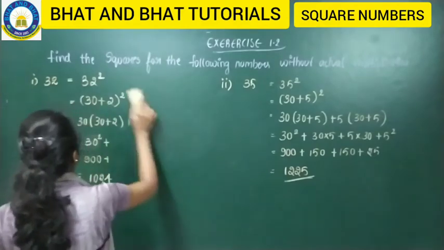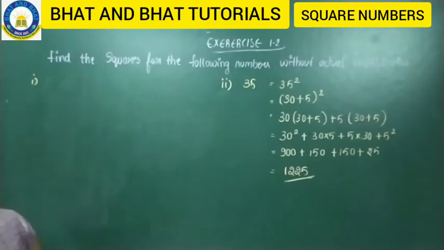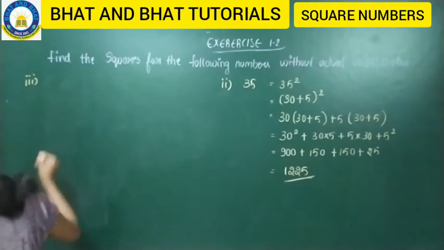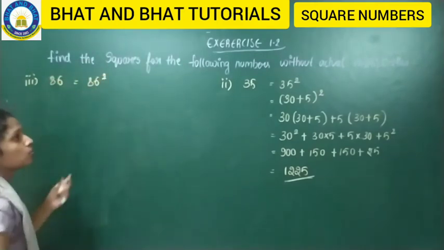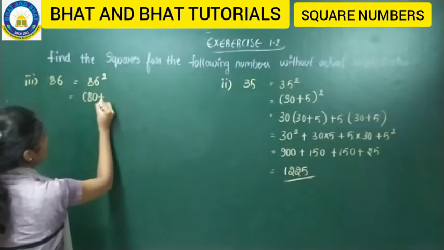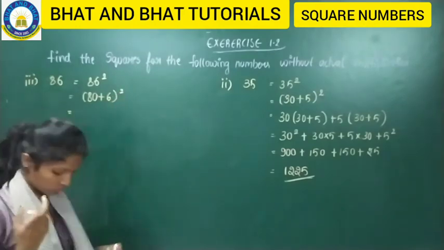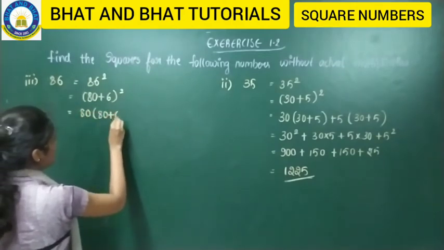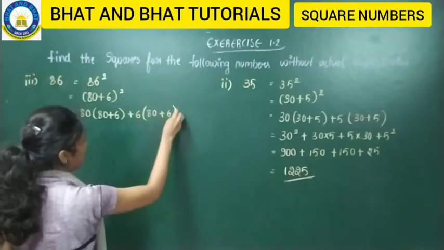I'll just move on to the third one, question number 3. So question number 3 is 86. So we are going to convert 86 square to 80 plus 6 whole square. So when you expand this, 80 plus 6 and 80 plus 6. Okay.